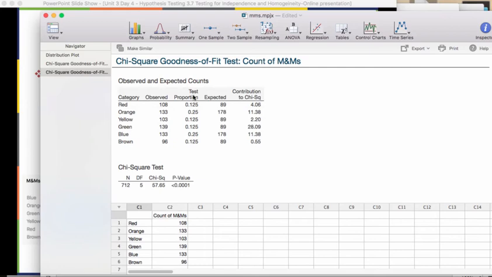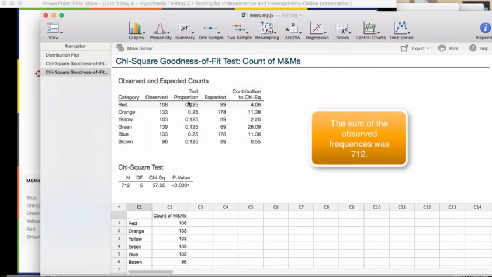You'll notice that the tested proportion is given in this column here, which says test proportion. To figure out how these expected values were determined, you take the sum of the observed frequencies times that given test proportion, and that gives you the expected frequency.